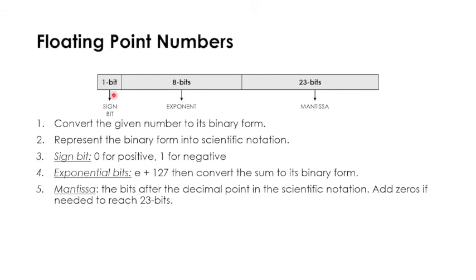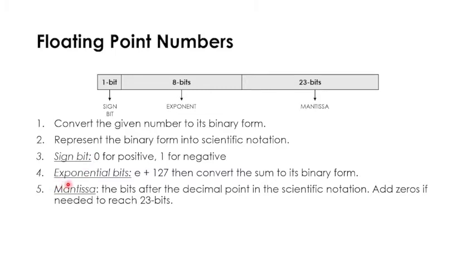So here are the steps in order to determine the floating point numbers. The first step is to convert the given number to its binary form. The second step is to represent the binary form in its scientific notation. Next is to determine the sign bit by checking if the given number is positive or negative.